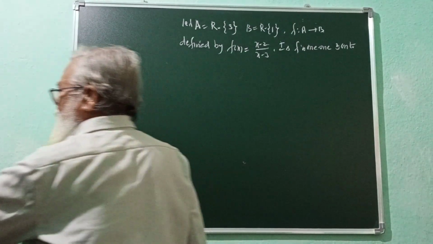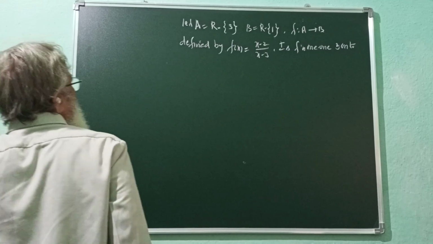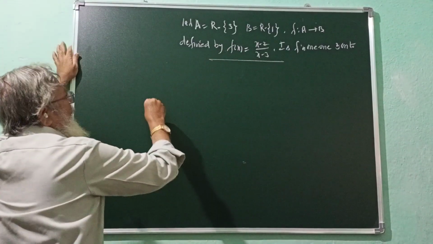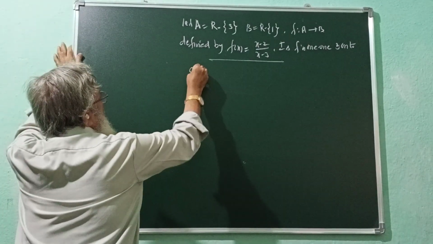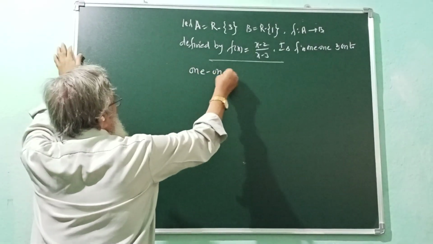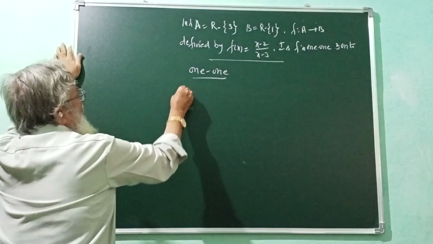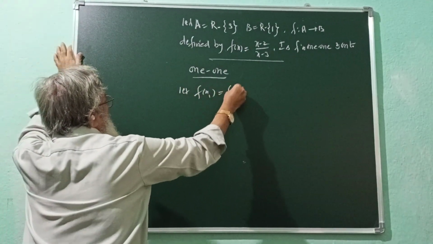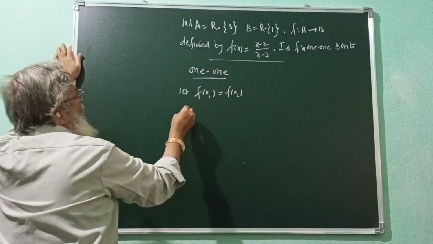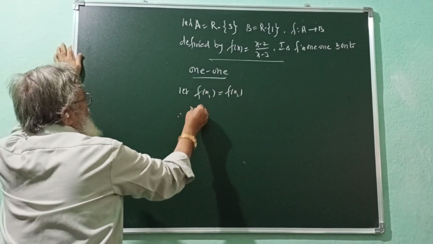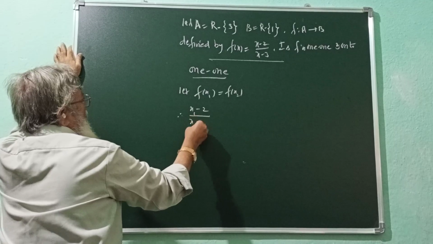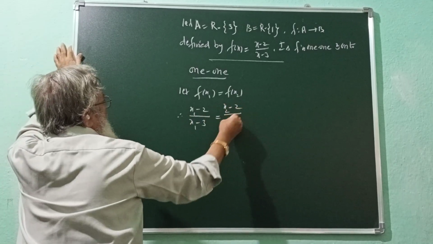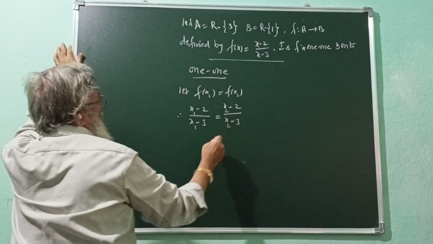So now justify your answer. First let us check for the one-oneness of the function. Let f of x1 is equal to f of x2. What is the meaning of that? (x1 minus 2) by (x1 minus 3) is equal to (x2 minus 2) by (x2 minus 3).